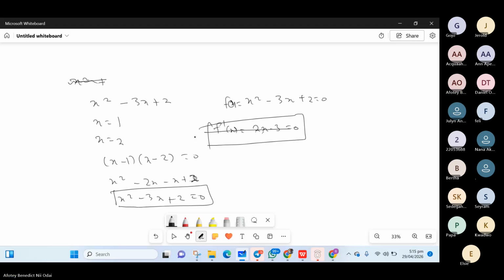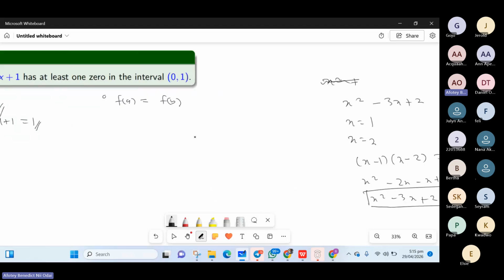Yes, it should. Once you find f prime of x, you get 2x minus 3. Then you have to just replace x with your x value. What was the x value we've been given?